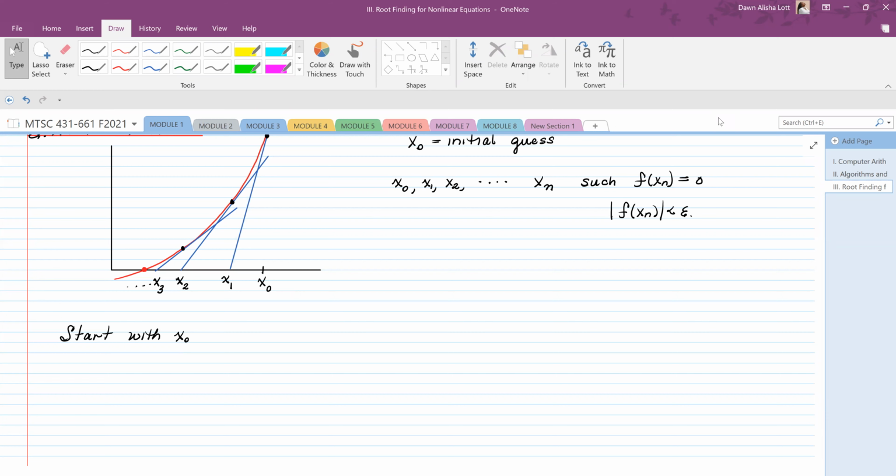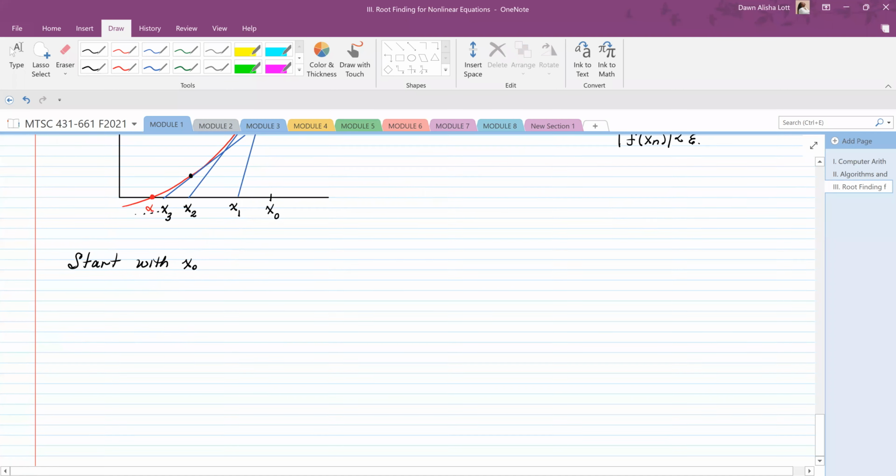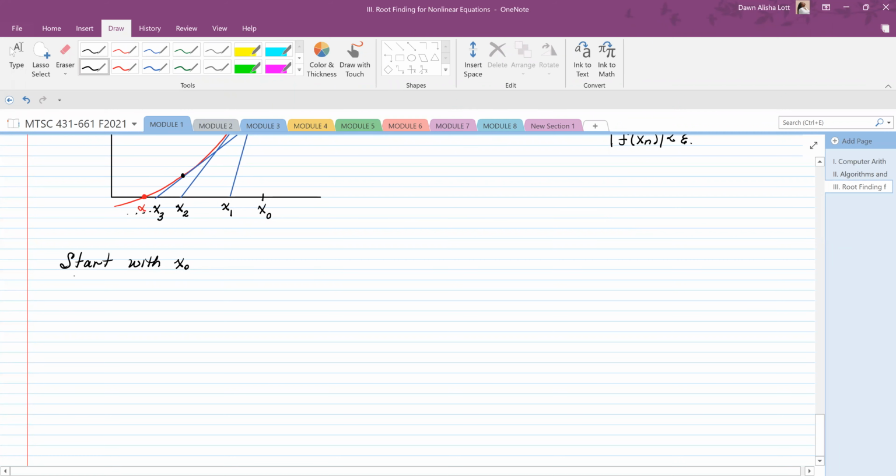And then we check because we're trying to find alpha. So this right here, again, this is our alpha. That's the one we're looking for. All right, so let's compute f prime at x naught.